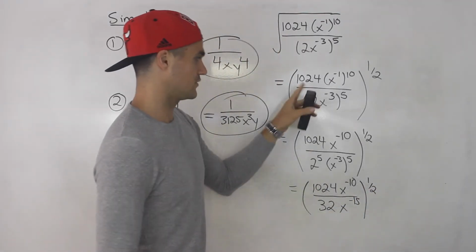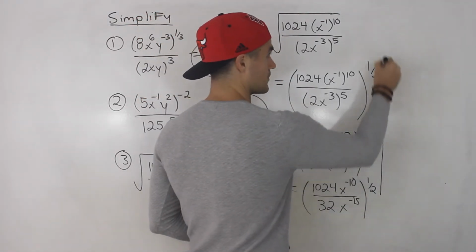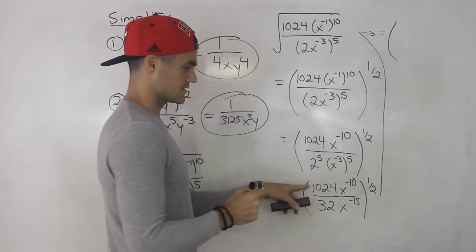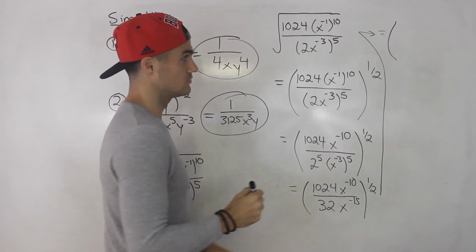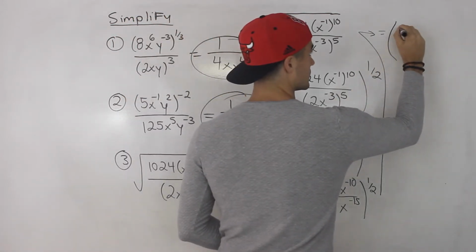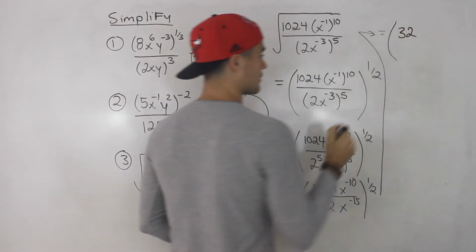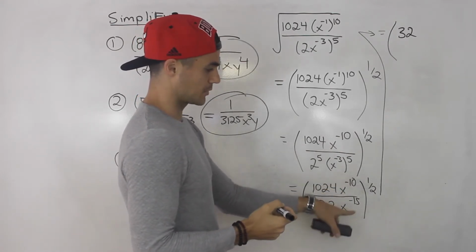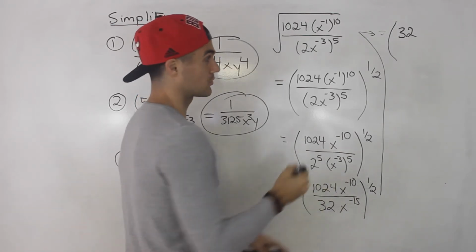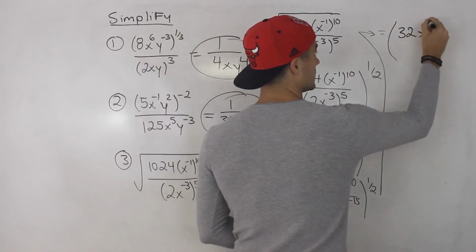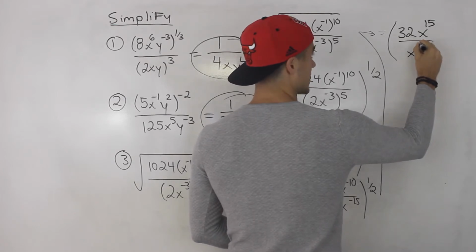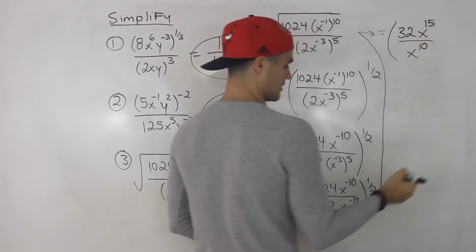And then further simplifying this, I'm going to continue up here. So 1,024 divided by 32, that is just 32. That stays in the numerator. Now this x to the negative 10 I'm going to bring down, this x to the negative 15 I'm going to bring up. So I'll have x to the 15 all over x to the 10 in the denominator, right?